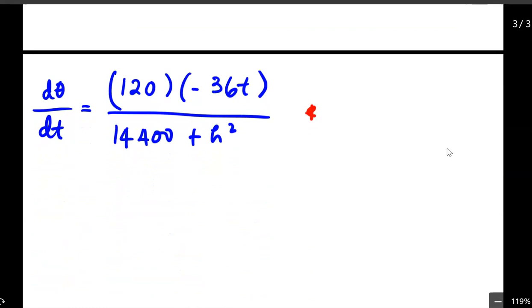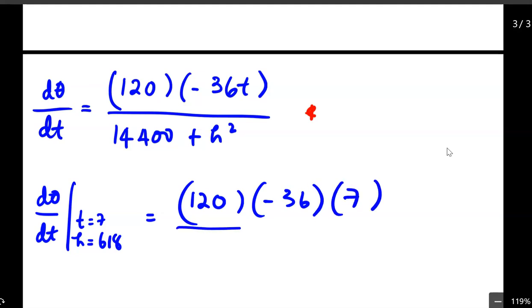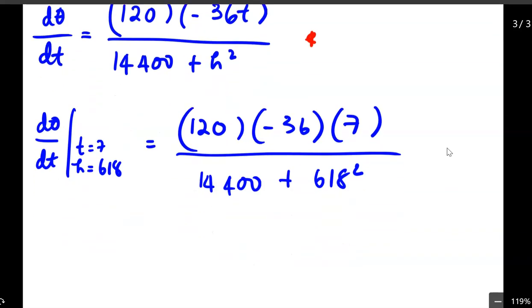So now I'm going to substitute in the value. I will evaluate at t equal to 7, h equal to 618. So it's 120 multiplied by negative 36 multiplied by 7 and divided by 14,400 plus 618 squared.